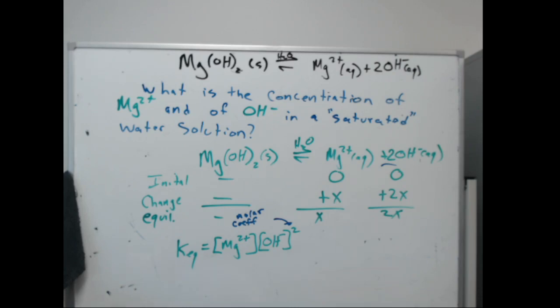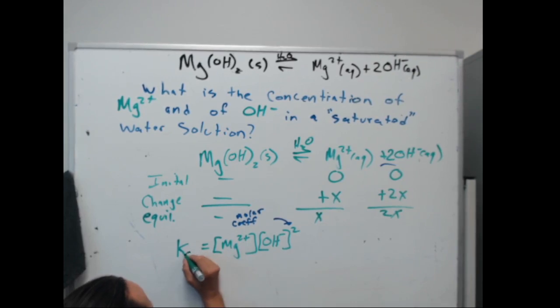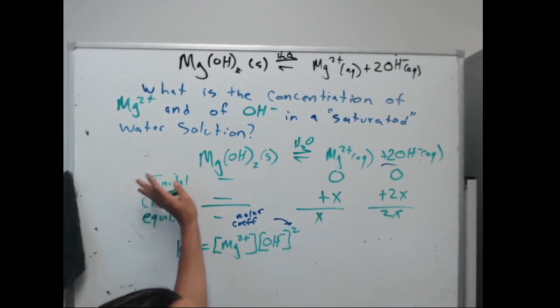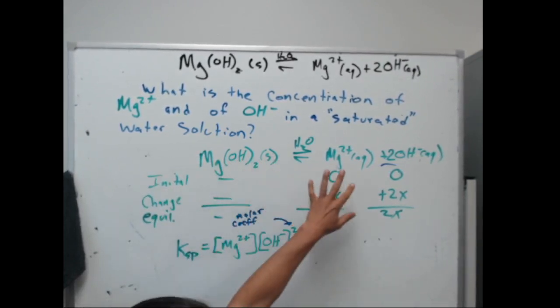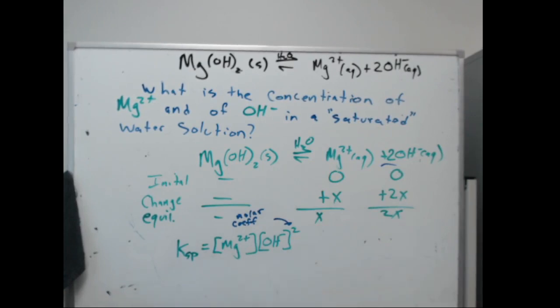We can go ahead and take this and say, look, I can call this specifically a KSP, because this is a solid going into ions. That is the S, that's what solubility product is referring to in this particular reaction.